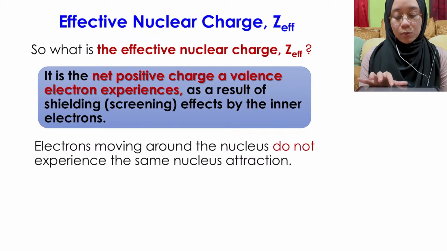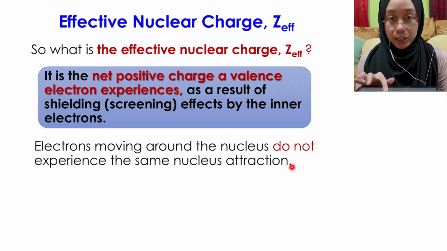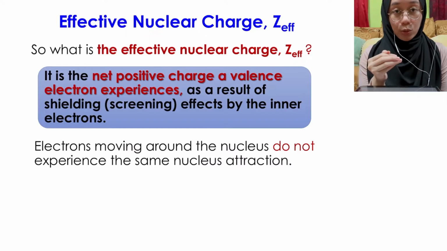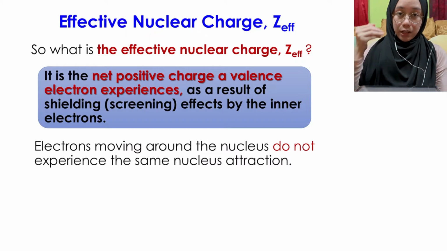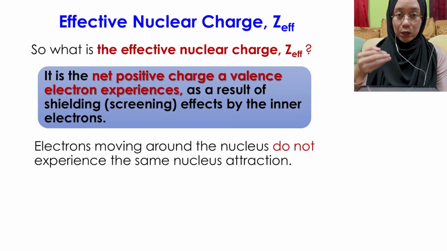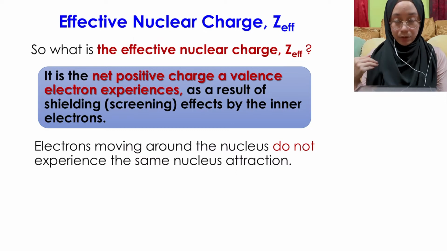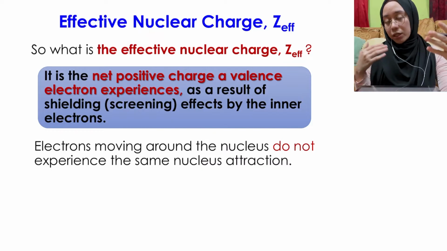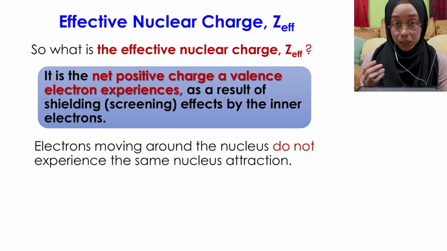So the electrons moving around the nucleus, they do not experience the same nucleus attraction. Okay, macam Miss cakap tadi, the one yang dekat dengan nucleus, attraction dia kuat. Tapi as we go further, kalau value n tu makin increase, so lagi jauh dia dengan nucleus, bermaksud the attraction forces become weaker.